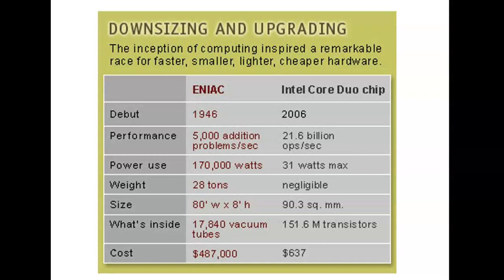The power usage is very different. ENIAC weighed about 28 tons, whereas the Intel Core weighed negligibly. Size and everything is different, and you can see how much the cost is reduced when you change to Intel. So this all points to the importance of the transistor.